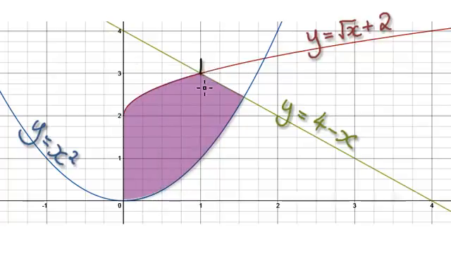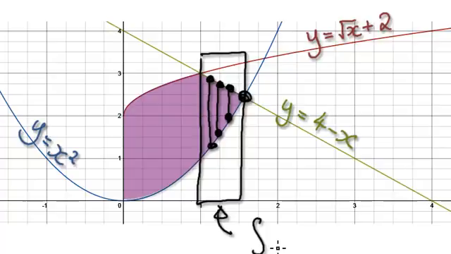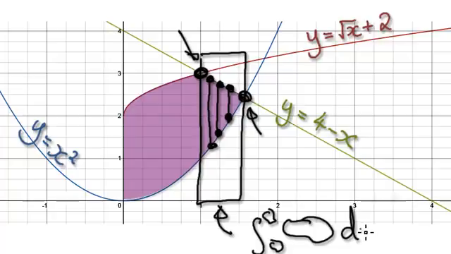But once you're in this region, wherever this point may be, it's going to be the green line, take away the blue line. So in this region, it's going to be the integral from wherever this point may be, to wherever this point may be, and then dx.